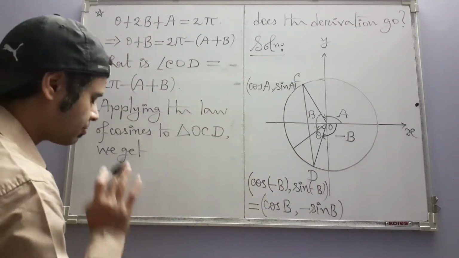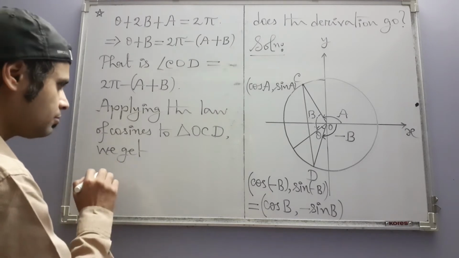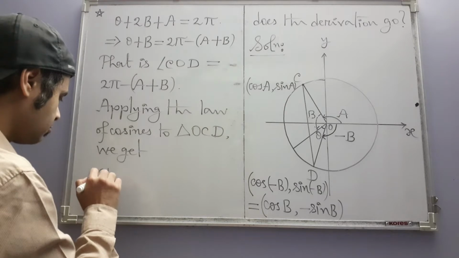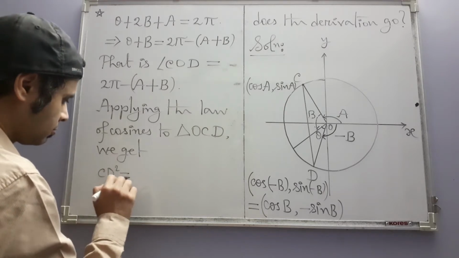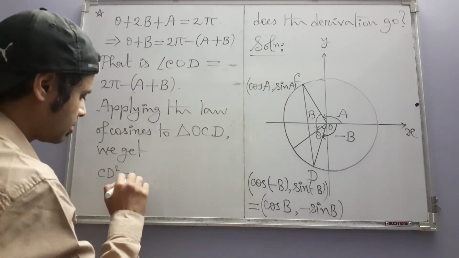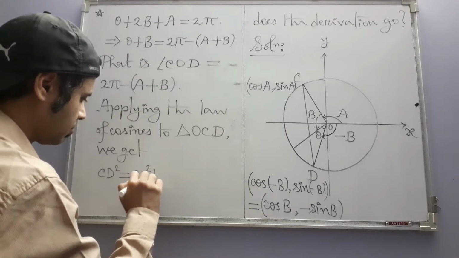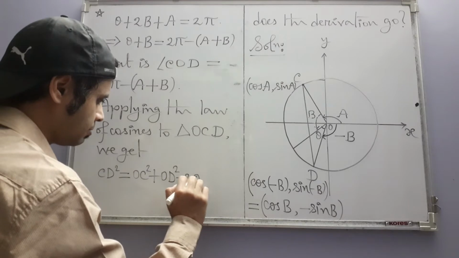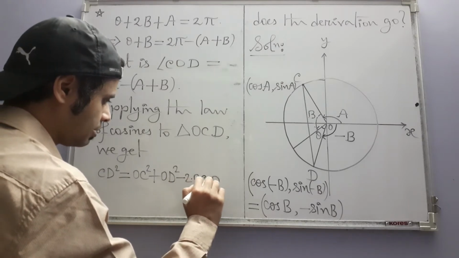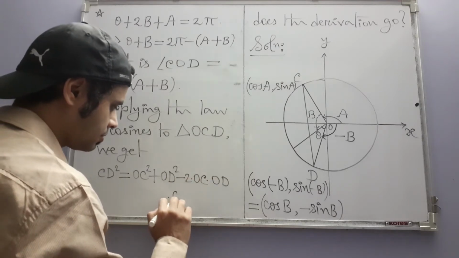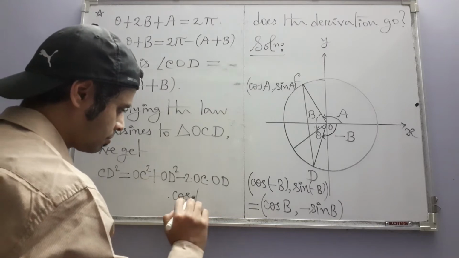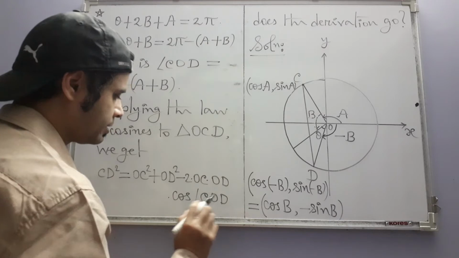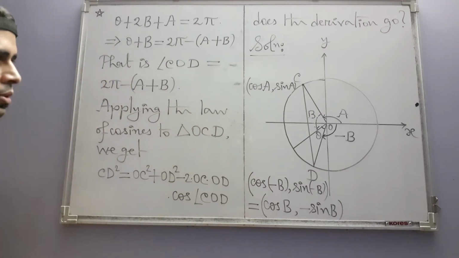So we are going to get this: CD squared is equal to OC squared plus OD squared minus 2 times OC times OD times cos angle COD. That is the law of cosines, right?